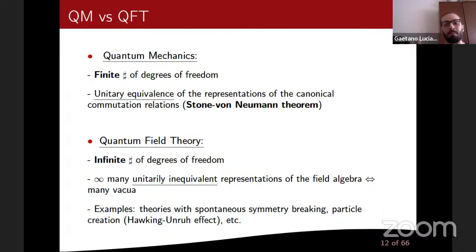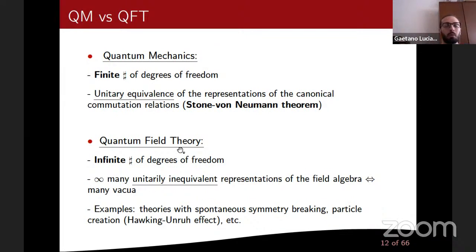So they are physically equivalent. You can think, for instance, of the Schrödinger and Heisenberg representations of quantum mechanics. We know that they are equivalent. We can work either in the Schrödinger or in the Heisenberg picture, but there is no substantial physical difference.